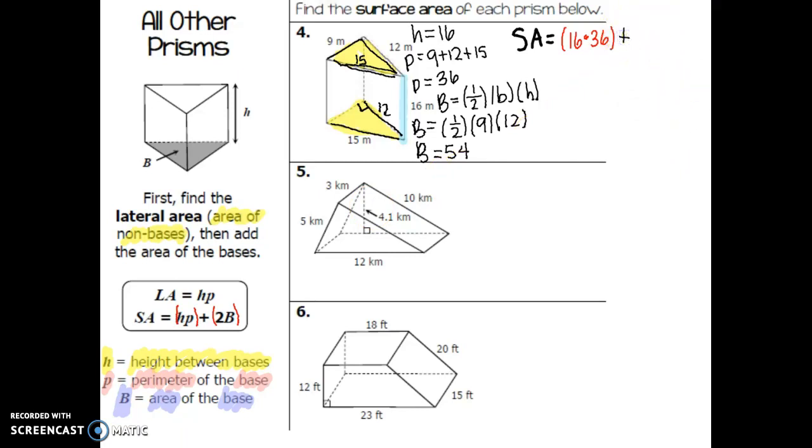Then you say plus 2 times the big B, so that is 54. So don't use any other B. Make sure you keep that capitalized. Just kind of make sure you get that right. And so when you end up putting that on the calculator, you should have gotten an answer close to 684.